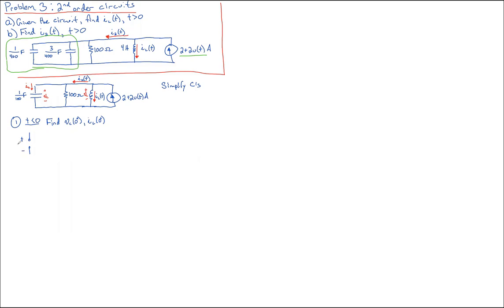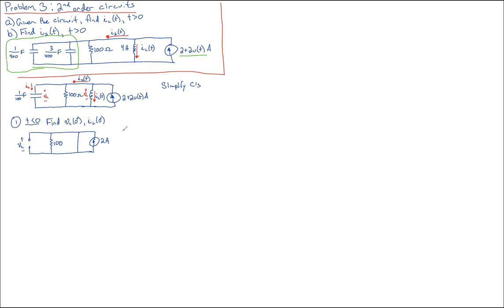So armed with this, here's our VC that we want to find. Here's our resistor. Inductors during periods of DC steady state look like shorts. And we never have any switches or U of T's. We always evaluate them. So for time less than 0, this is 0, and we're left with just 2 amps.